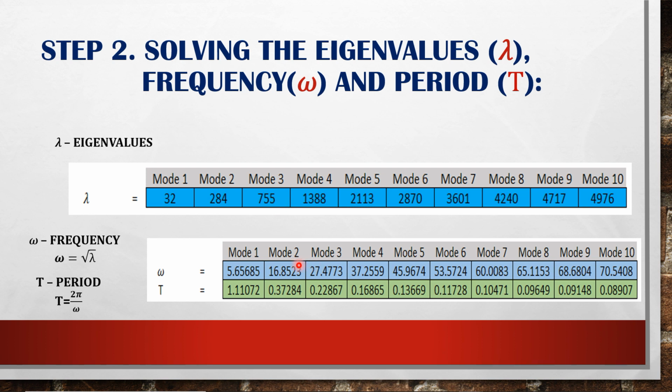For the period, it is 2 pi over the frequency, which is 5.65685 for mode 1. The result is 1.11072. For mode 2, 2 pi over this frequency gives 0.37284, and so on. We will need these values for the following steps. So, let's proceed to step 3.